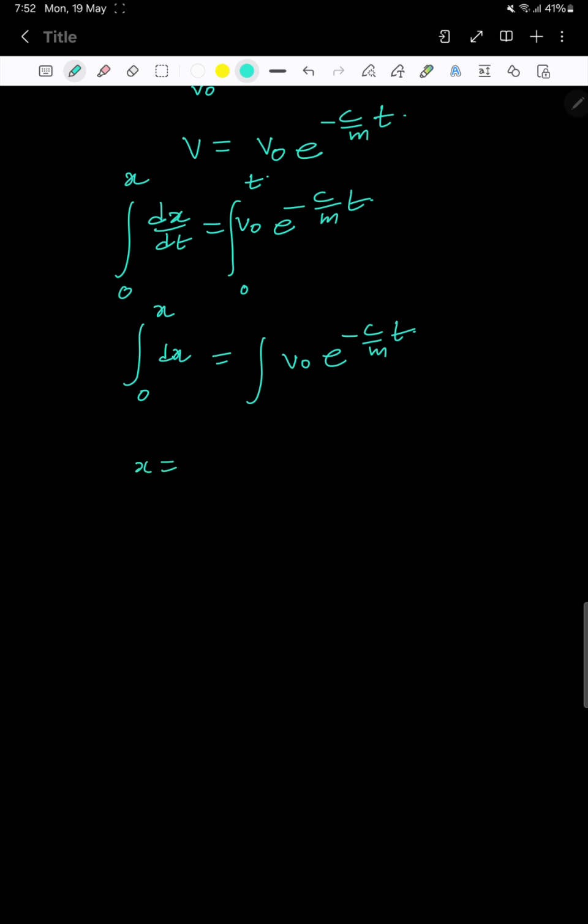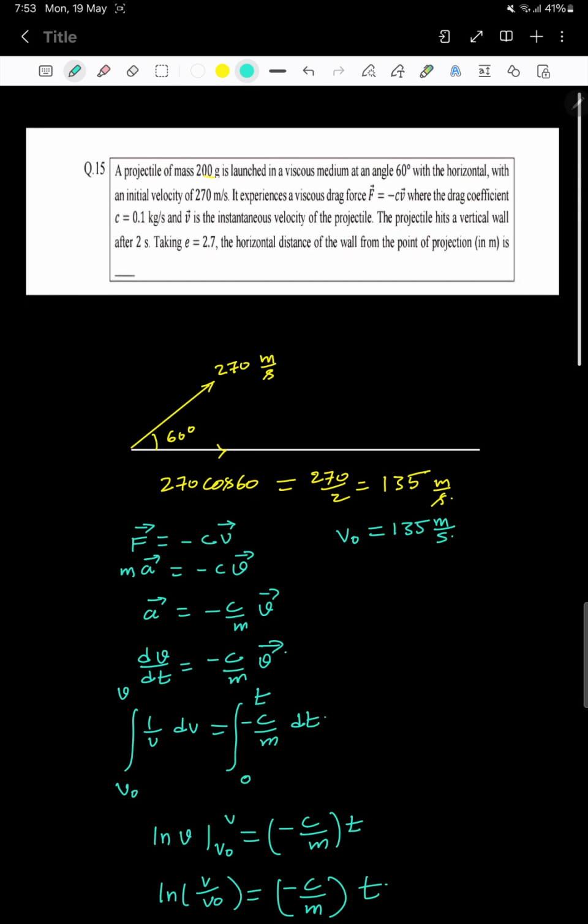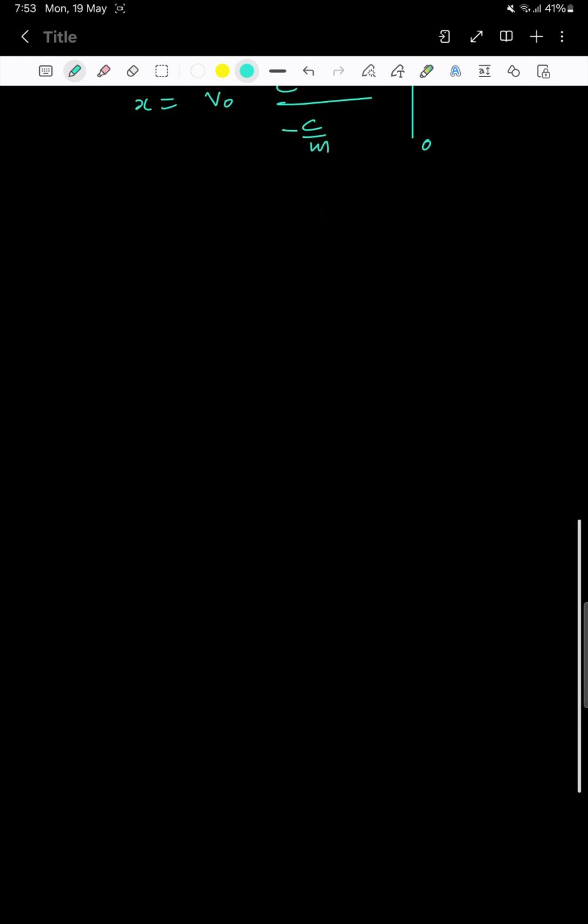So x is equal to v naught into the integral of e power, which gives e power minus c by m into t upon minus c by m in the denominator, since c by m into t is also variable, to the limits 0 to t. In the question they have given the time is 2 seconds.